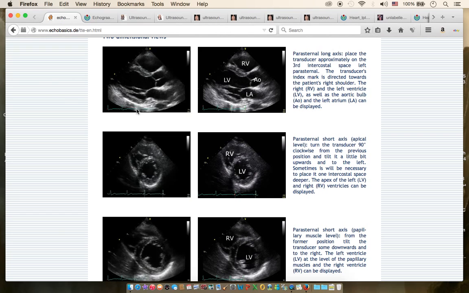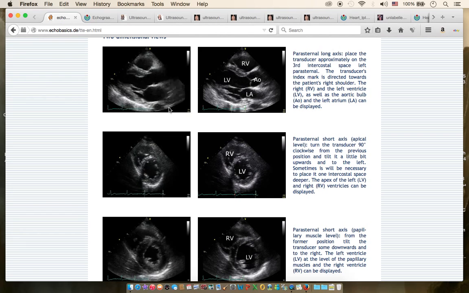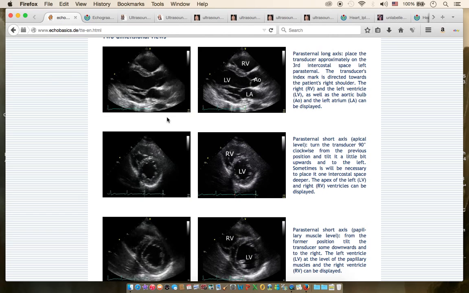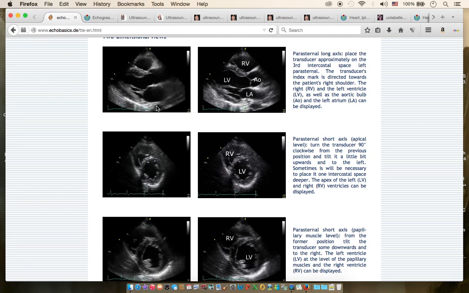One thing here also I want to mention, you see this is the descending aorta. This is a very, very important landmark to differentiate between pericardial fluid and pleural fluid. If the fluid is above the descending aorta, this is the pericardium, that means the patient has a pericardial effusion.